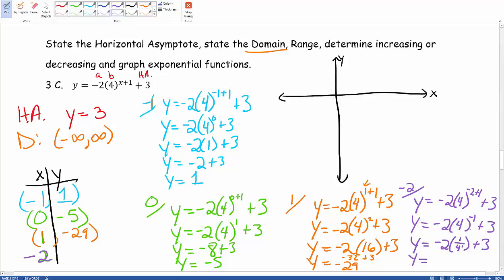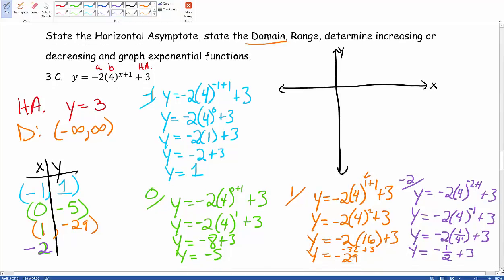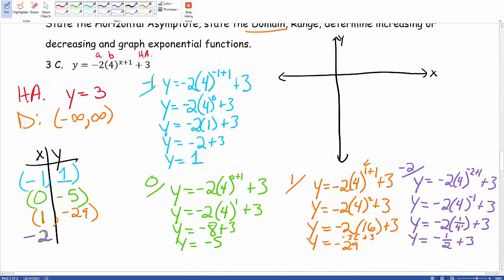Negative 2 times a fourth gives us negative 2/4 or negative 1/2, plus 3. And then lastly, negative 1/2 plus 3 would give us a y value of 2 1/2. So at negative 2, we end up with the y value 2 1/2.